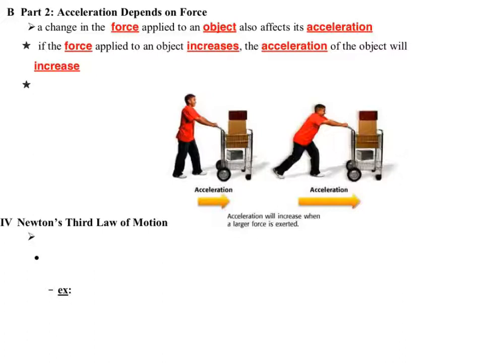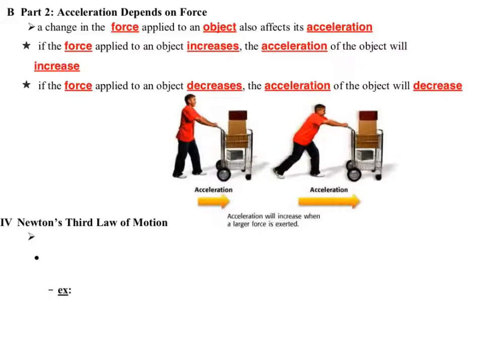So the everyday example of this is, if I have some object and I push it, and then I push the same object again with more force, well, when I push it with more force, it will accelerate faster, and that is common sense. And likewise, we could ask the question, if the force applied to an object decreases, what happens to the acceleration of that object?